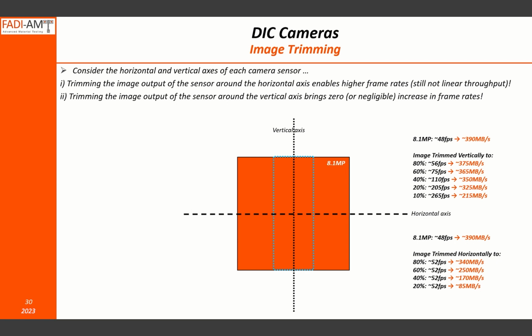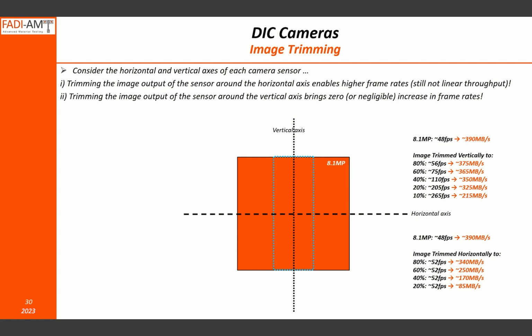As you can see for this camera, you're going from 45, 48, all the way to maybe 52 to 55, depending on the camera, and that's about it. That's about 7 to 10% increase. And then after that, whatever additional trimming you do, even if you drop the image to 20%, it really wouldn't matter, and your throughput is completely trashed. That's the point that we're trying to make here.